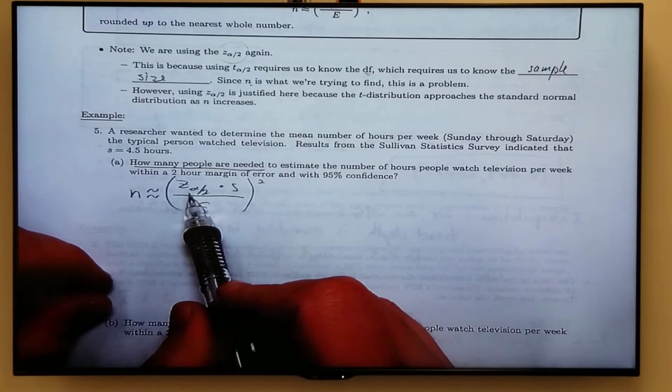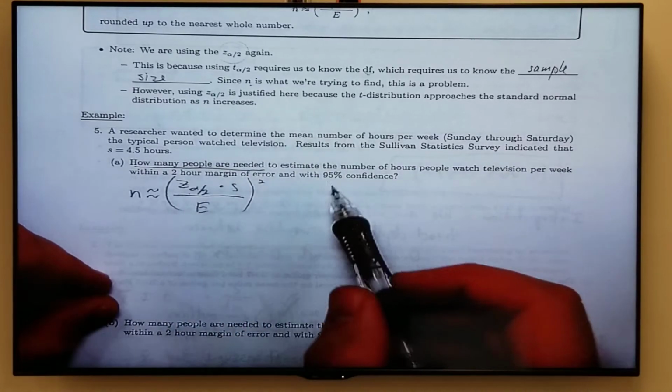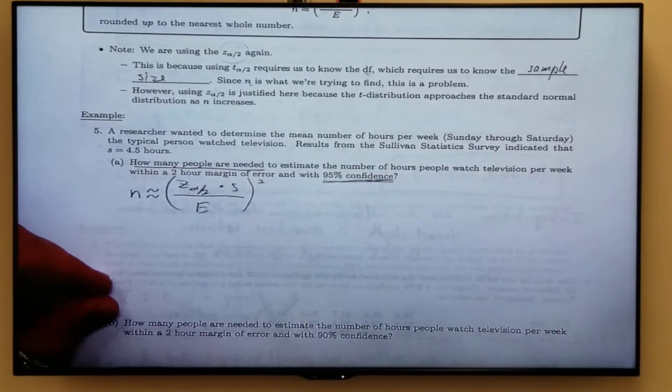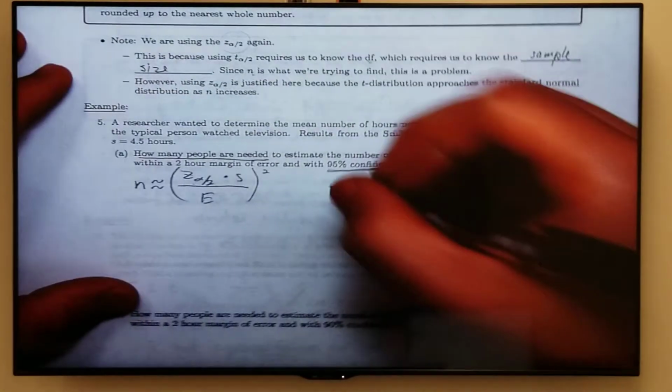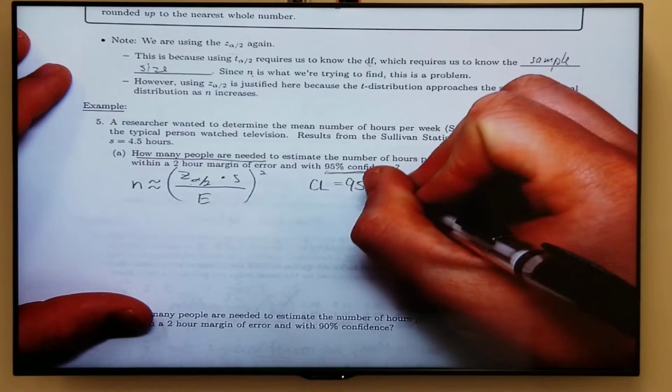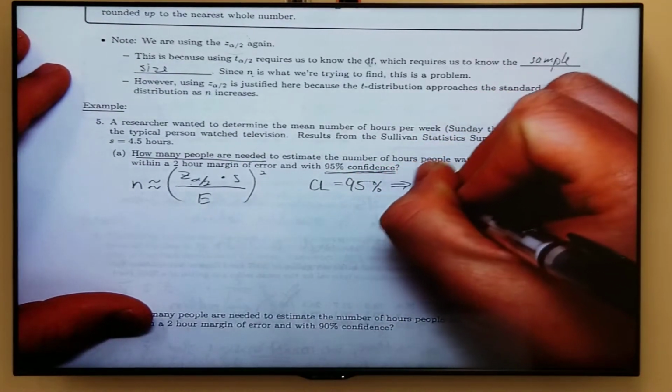Okay, for z sub alpha over 2, first we need to figure out what alpha is. Alpha is related to the confidence level. Our confidence level here is 95%. So since the confidence level is 95%, that means that alpha is what?